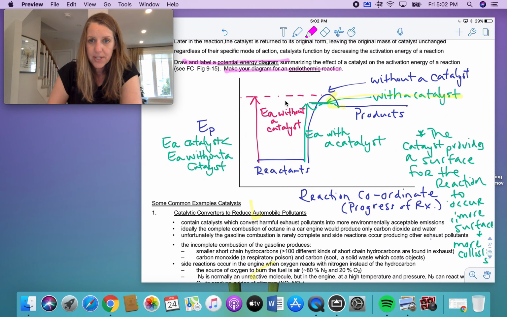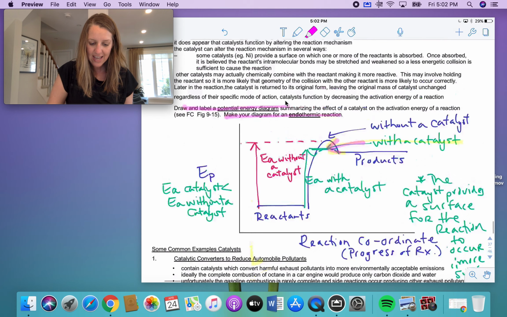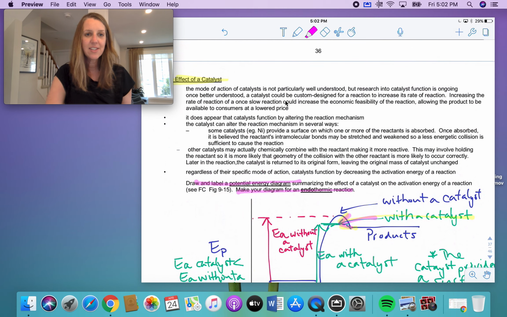And at the very top of the diagram, you can see right here, with a catalyst and without a catalyst, you see the effect of decreasing the energy of activation. Okay, and then there's a few more things to read on the rest of this page about catalysts, and that's it. So that's our last module of learning for the unit, which I can't believe we're already done.